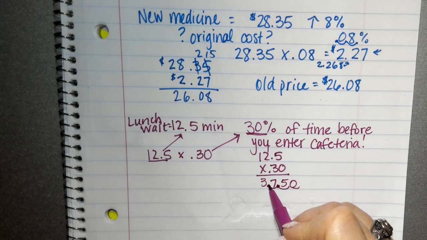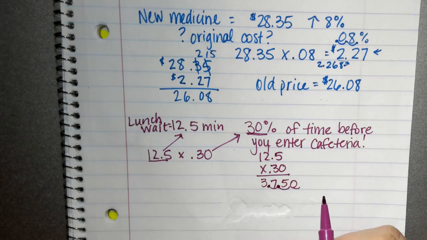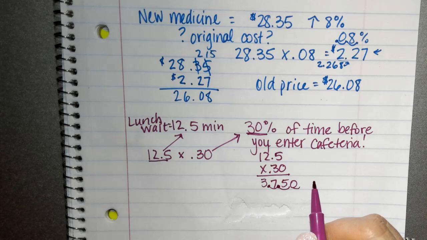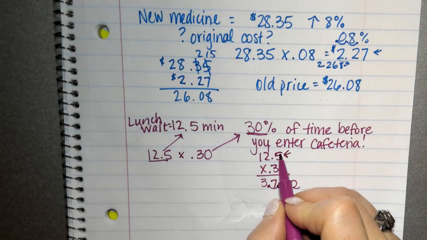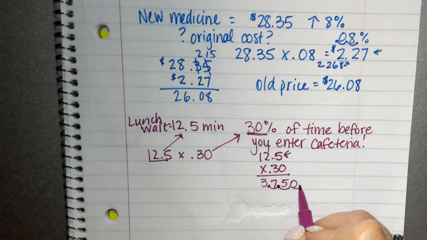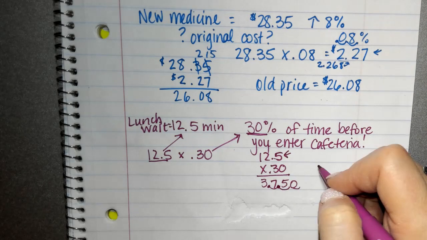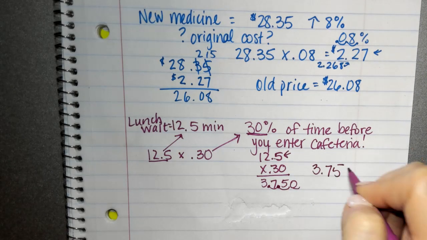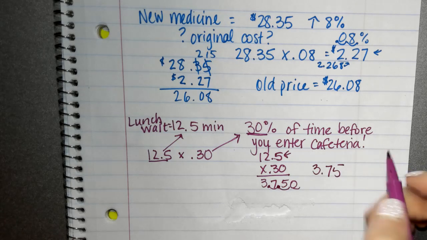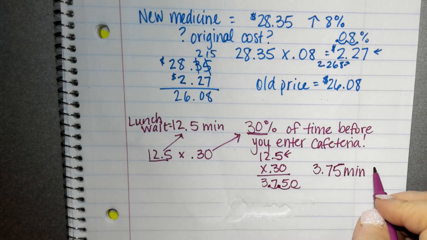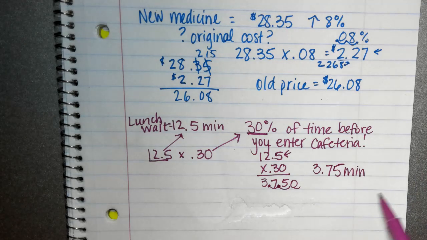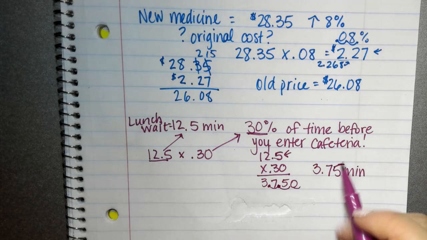I think we need to move it over one more time. Yes. Because we forgot about this number that has a decimal, so we need to move it 3 times over. So 3.75 minutes of your time was spent waiting in line before you even got into the cafeteria.